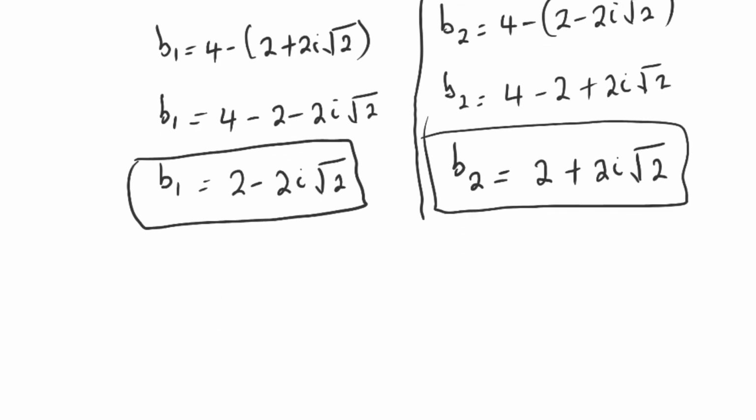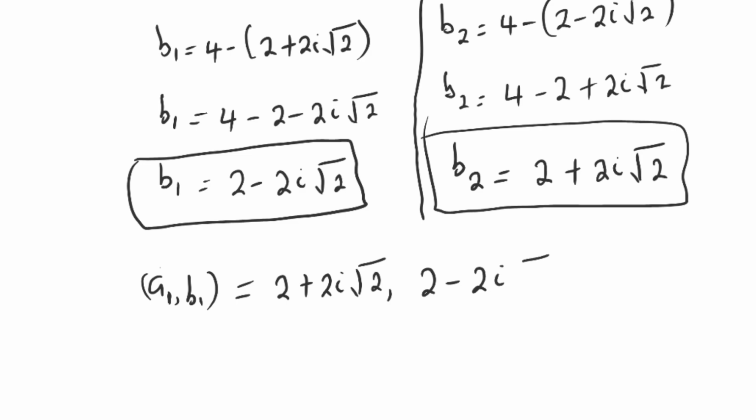Therefore, our final answers are A1, B1 is equal to 2 plus 2I root 2, 2 minus 2I root 2.